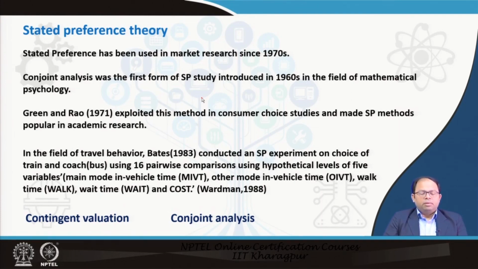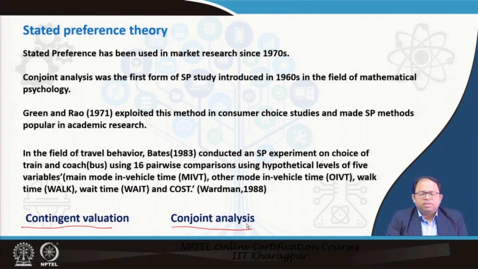There are different techniques that we use to analyze the responses obtained through stated preference surveys. One is contingent valuation, another is conjoint analysis. These are the two major ways we can analyze the results from this kind of survey.